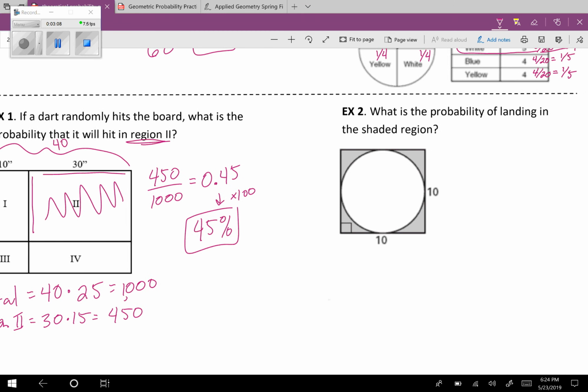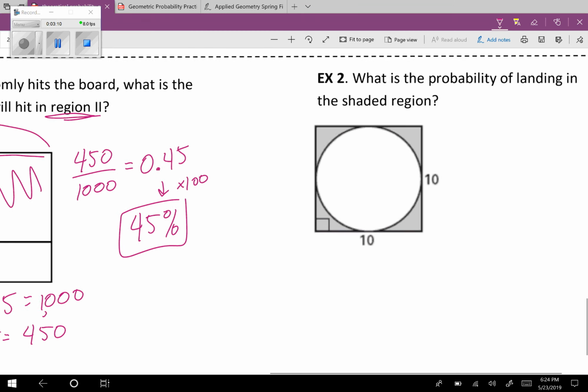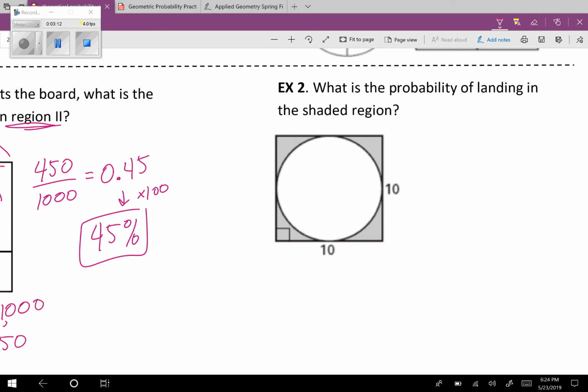Okay, now the next kind of problem that you're going to have is landing in a shaded region. So the way that these are going to work, it's going to be the shaded part out of the total.